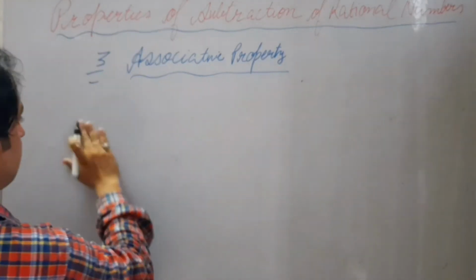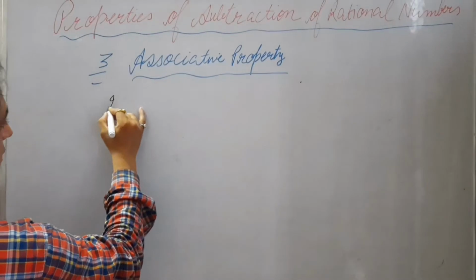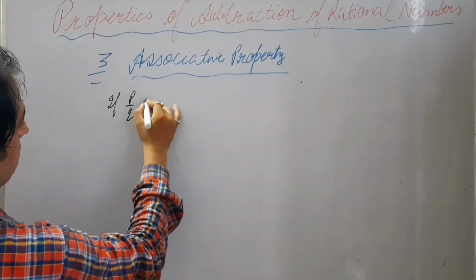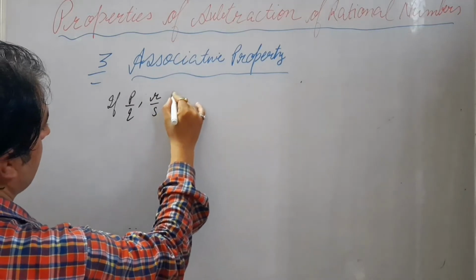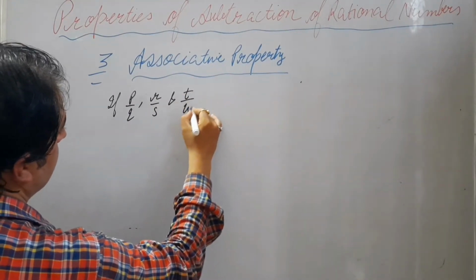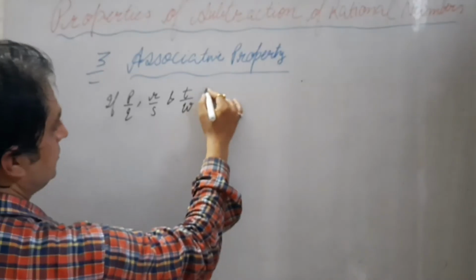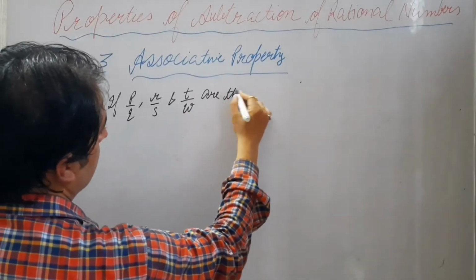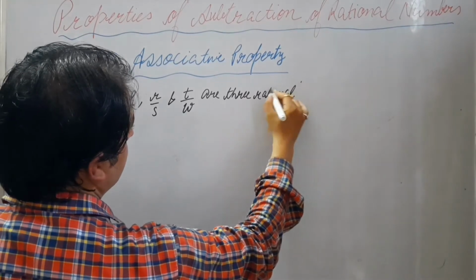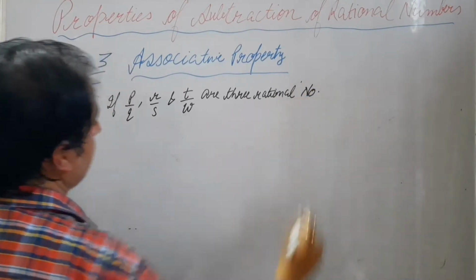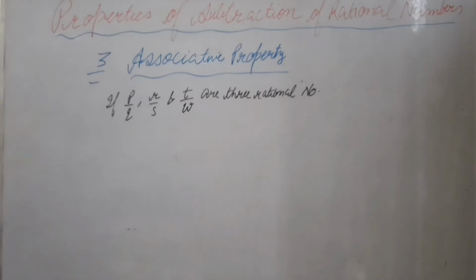Example, let's firstly take it in the notation form. If p by q, comma, r by s and t by w, let's take, are three rational numbers.